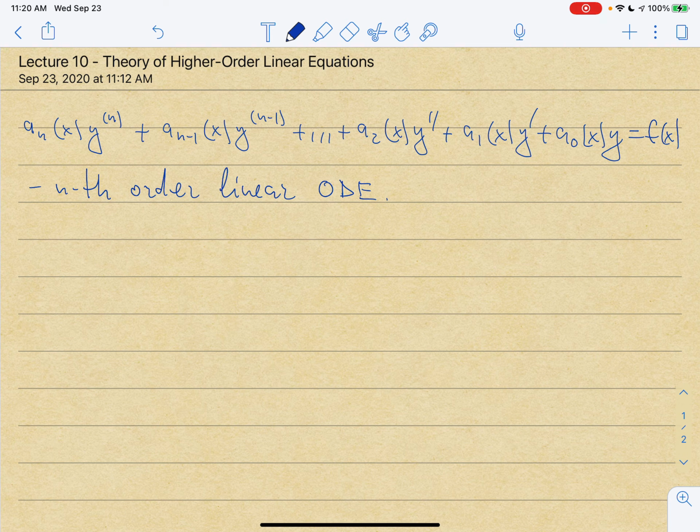So let's discuss a corresponding initial value problem.